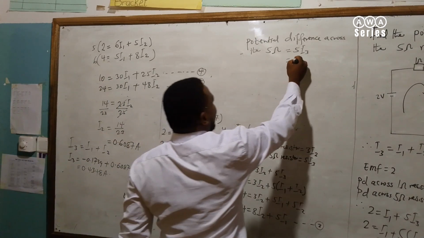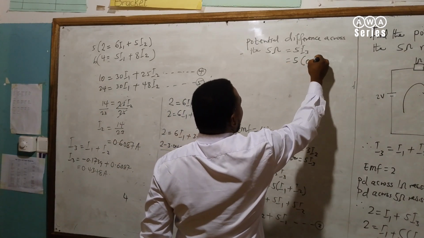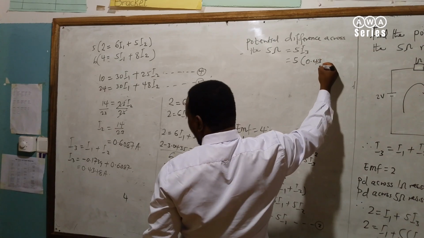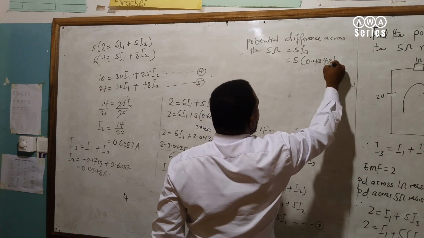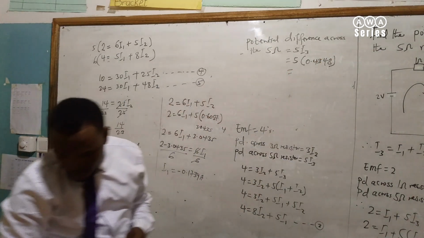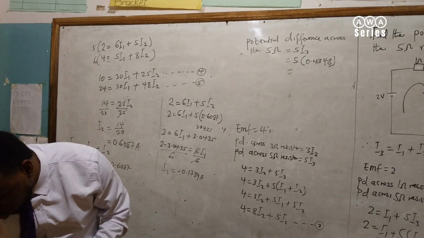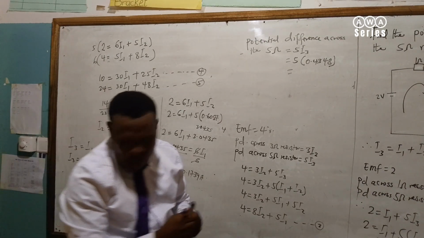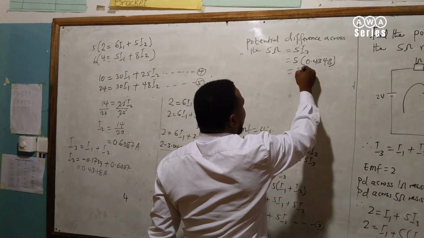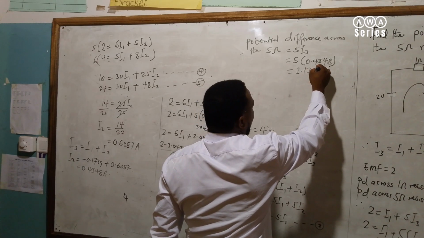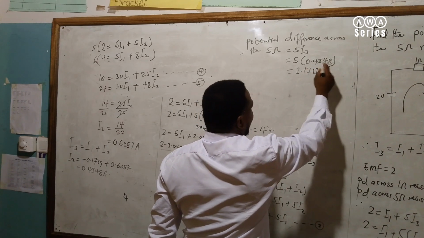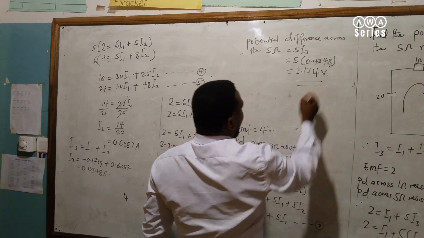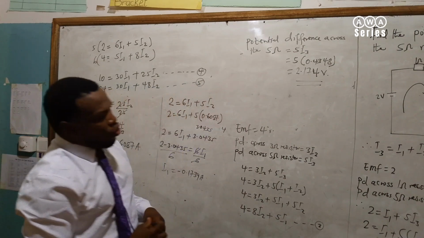So you put it here, 5 multiplied by 0.4348. And when you do that, you should be getting 2.174 volts, and that is the potential difference across the 5 ohm resistor.